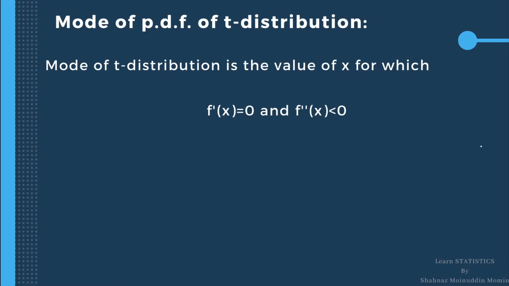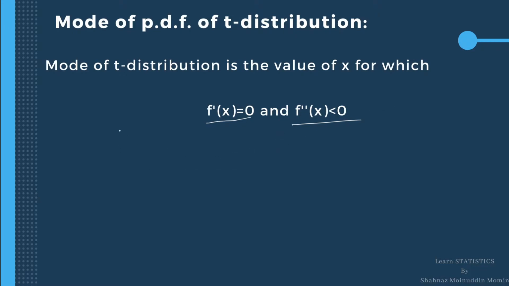In order to obtain the maximum, we have to obtain the conditions for maxima, and to check whether the obtained value of x is maximum or not, we have to check the derivative of PDF equal to 0 and the second derivative negative. So, mode is nothing but the solution of these two equations.